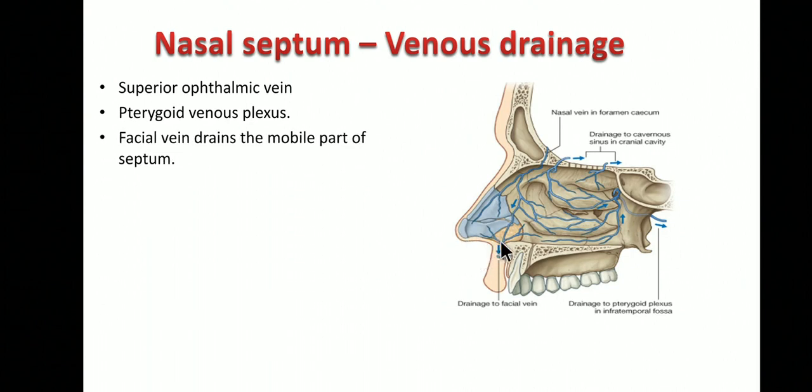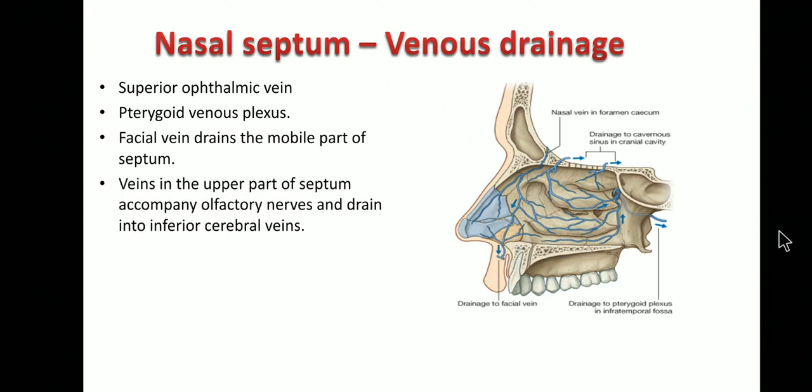This part of the septum comes around the dangerous area of your face, the lower part of the nose and the upper lip. Any infection from here might spread, since the facial vein communicates with the deep facial vein through the pterygoid venous plexus, or through the superior ophthalmic vein, and it might infect your intracranial dural venous sinuses.